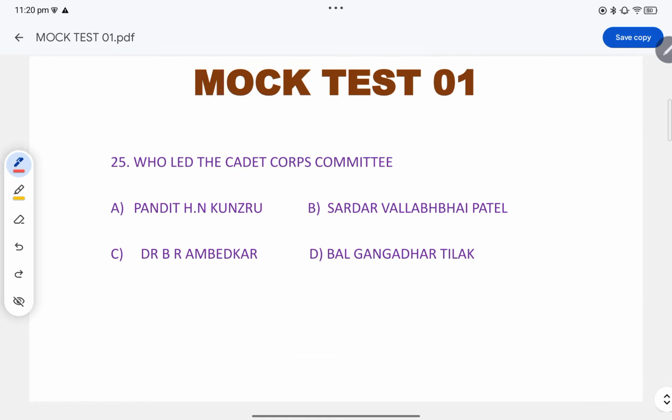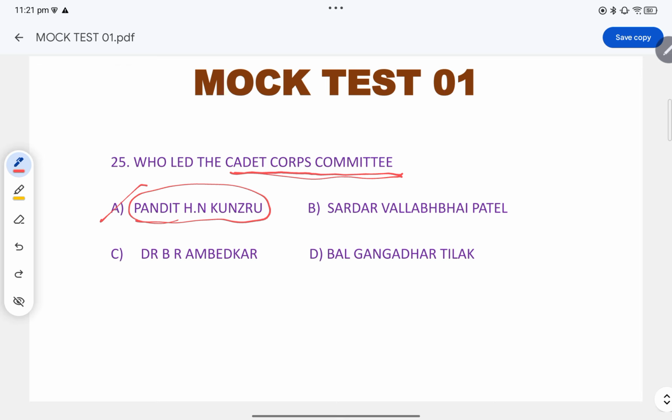Who led the Cadet Corps Committee? It's Pandit H.N. Kunzru, who was the head of this committee. He framed the rules and regulations. After the war, the Kunzru Committee recommended a new national cadet organization.